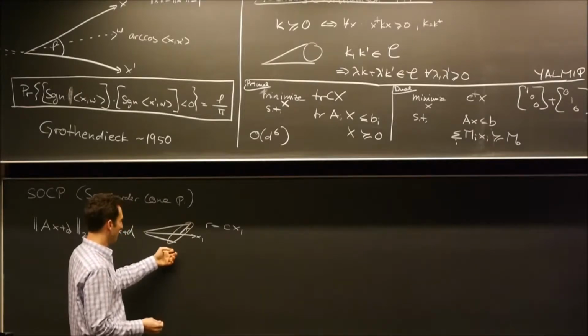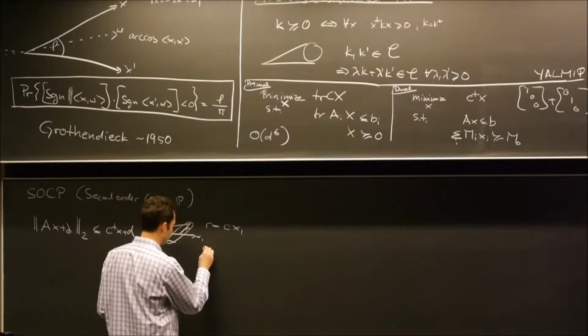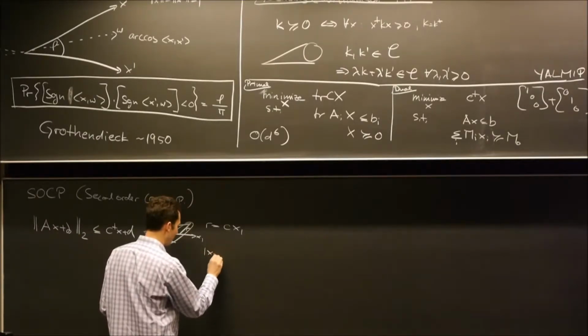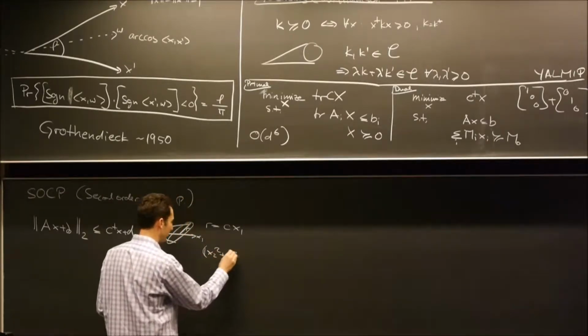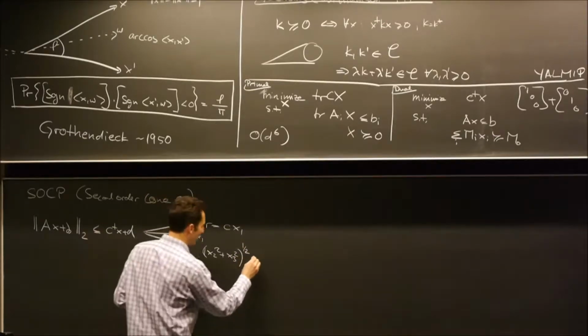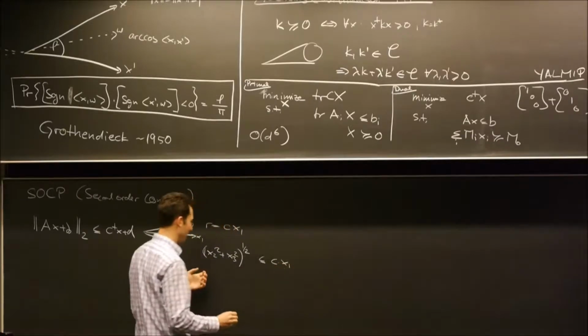And so all you now need to require is that the square root of x2 squared plus x3 squared is less equal than C times x1. Okay?